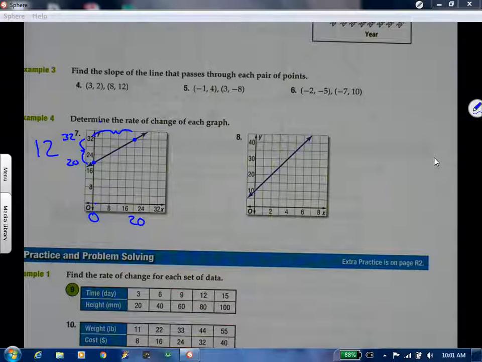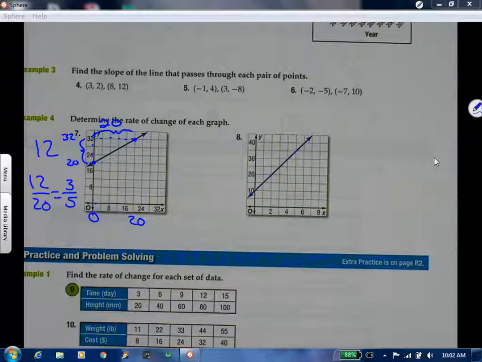Reduce it, you get 3/5. Now, does that match the squares? If I just count the squares, I'm going up 3 and over 5, right? So that would be our rate of change. Does that match the squares there? Yeah.